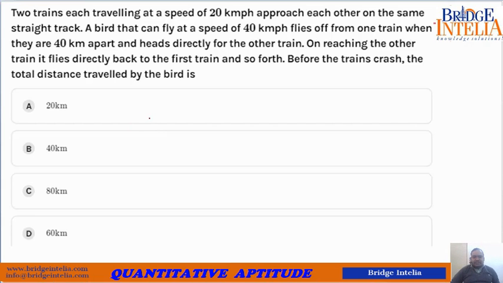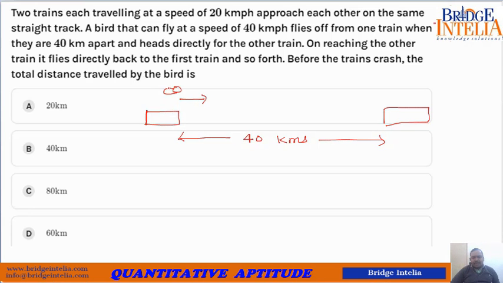Now understand what the question is. So two trains are there. So let these be two trains. The question says, when they were at a gap of 40 kilometers, a bird which was sitting on the first train starts flying towards the second train. So the bird flies.